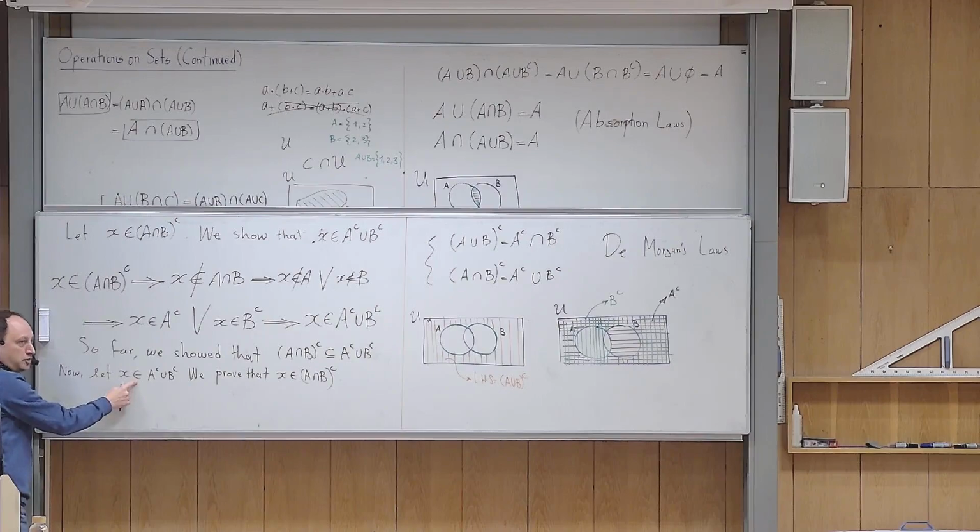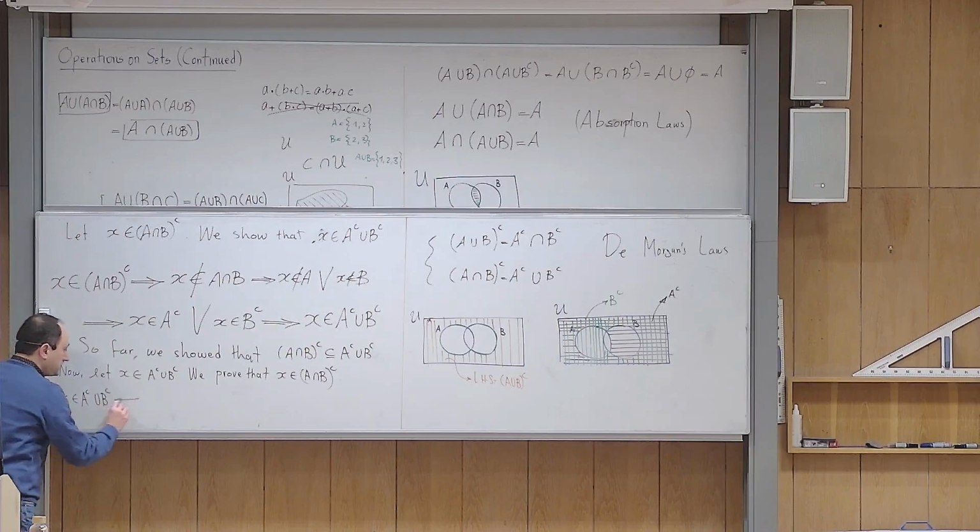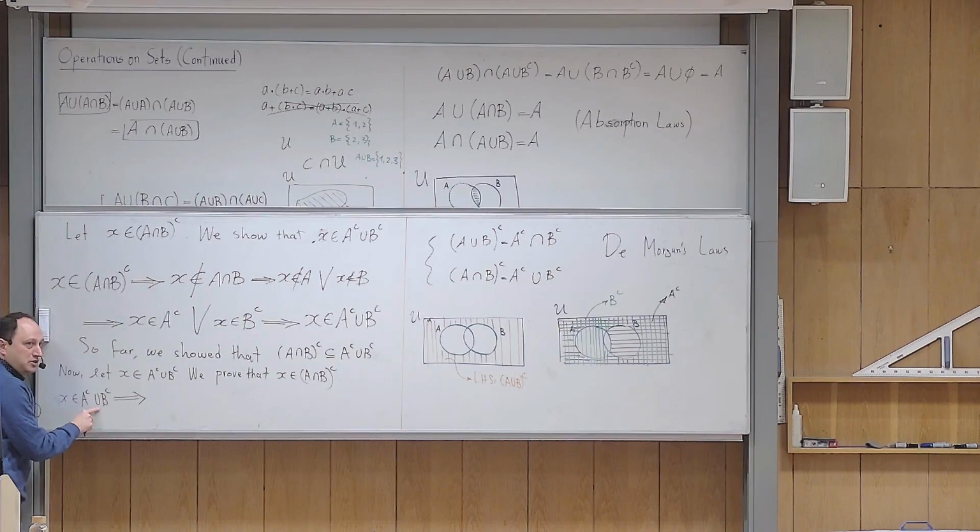Okay, so I start from my assumption. X belongs to the A complement union B complement. What is the immediate consequence of this? What does this one imply based on the definition of the union? I know that X belongs to the union of two sets. What does this mean by definition of the union?